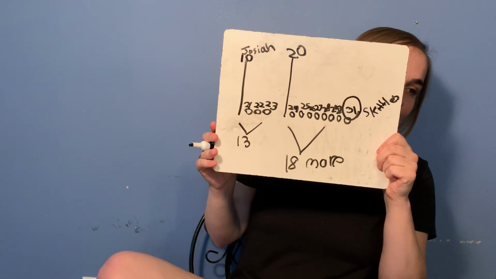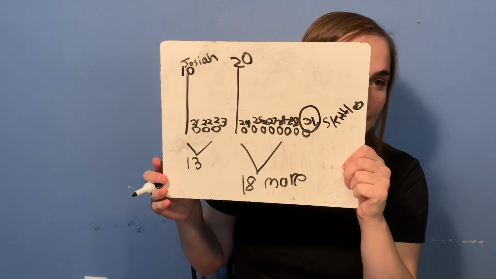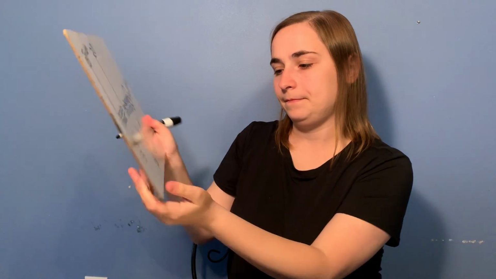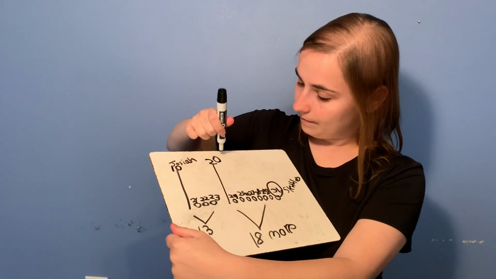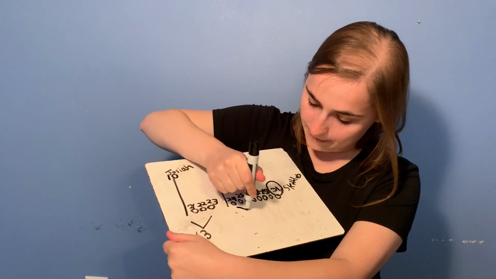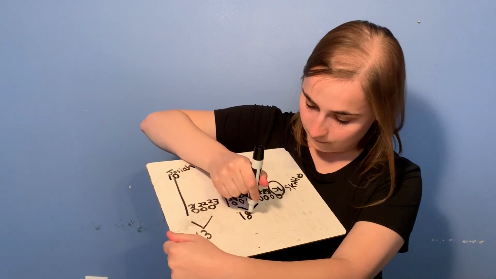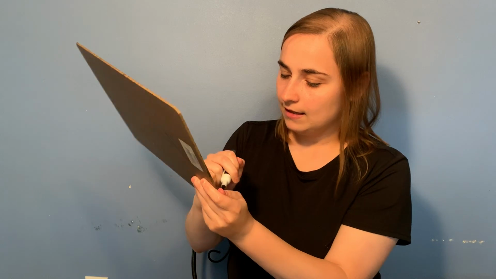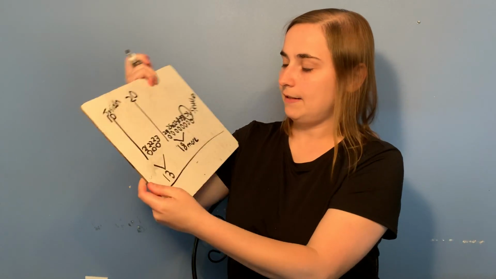The next thing I need to do is write a number sentence to match what I did to solve. Just make a little more space to match. My number sentence needs to match what I did.